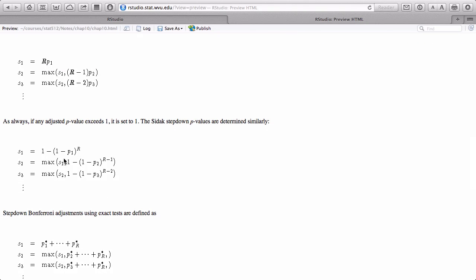Now there are some other procedures. Sidak has an adjustment. Instead of multiplying by R minus 1 and so forth, it actually takes 1 minus the smallest p-value to the Rth power. And this tends to be a little bit less conservative than the Holm procedure. This top one is the Holm procedure.